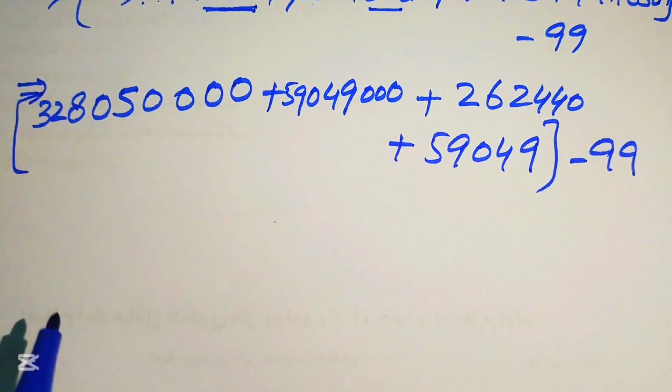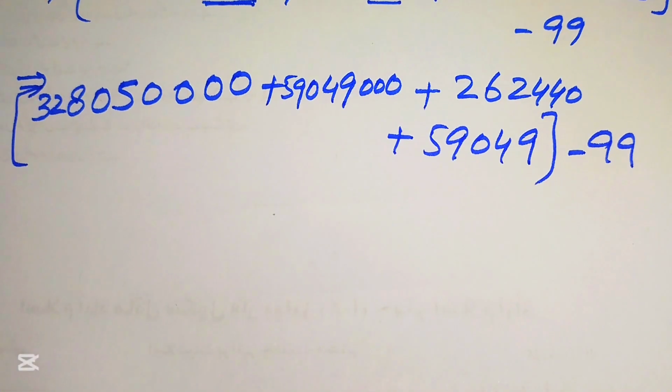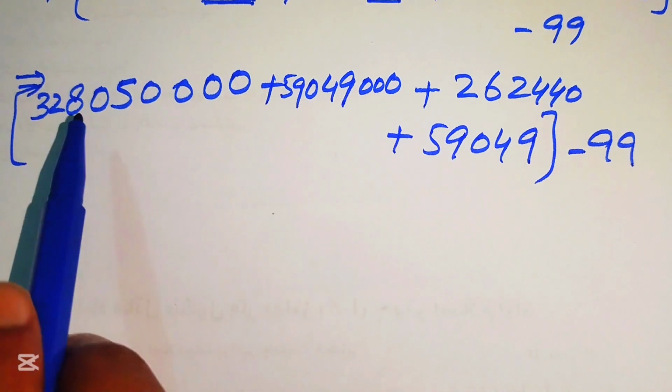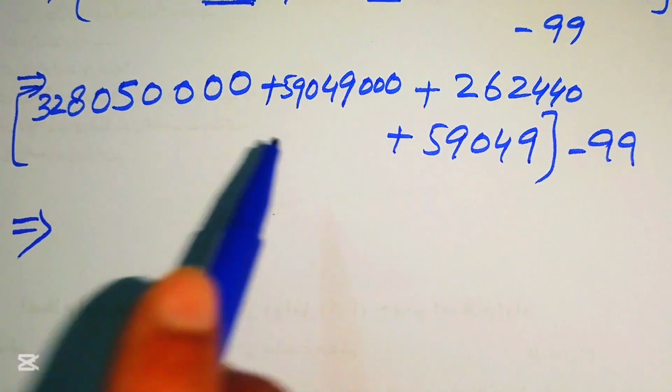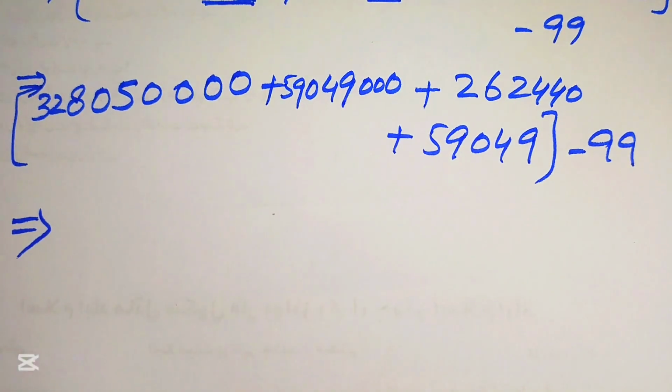So here I hope you can easily add all of these values. You need to sum up all these values here, and I can just leave this summation up to you.